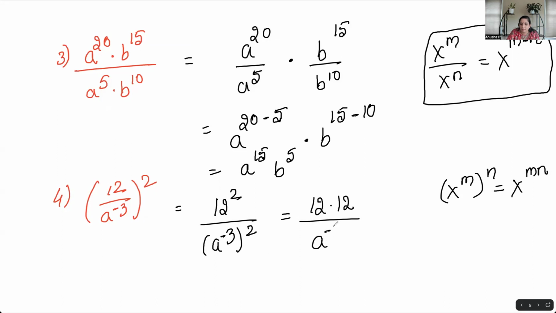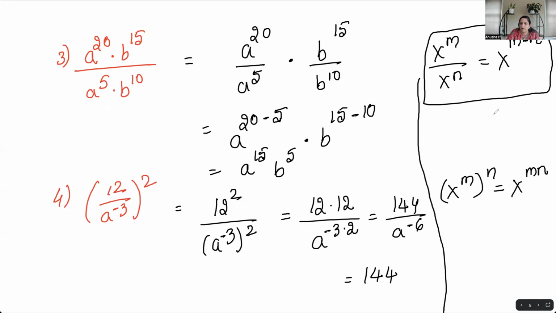So a to the power of minus 3 times 2, which is equal to 144 over a to the power of minus 6. And we know that 1 over x to the power of minus m is nothing but, when you take it to the top numerator, it will become a positive exponent. So a to the power of minus 6, if you take it to the top, will become a to the power of 6. So the answer will be 144 a to the power of 6.